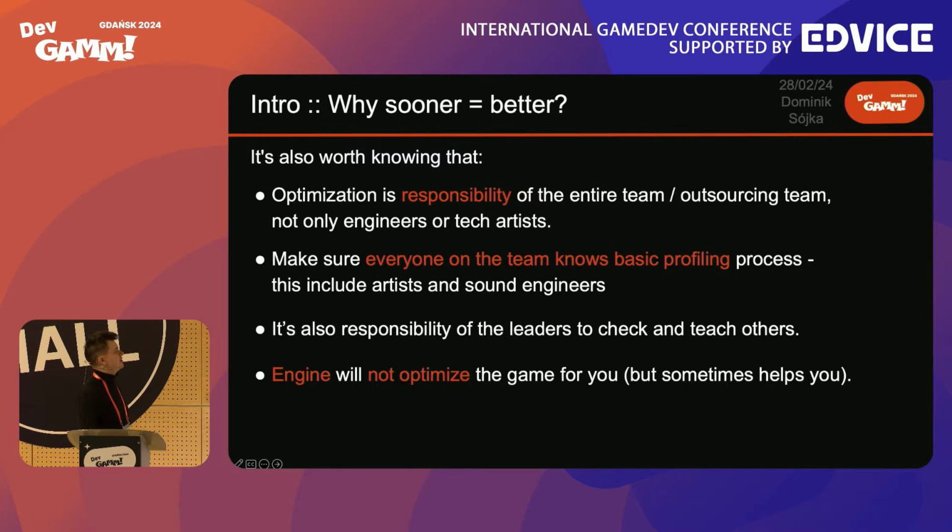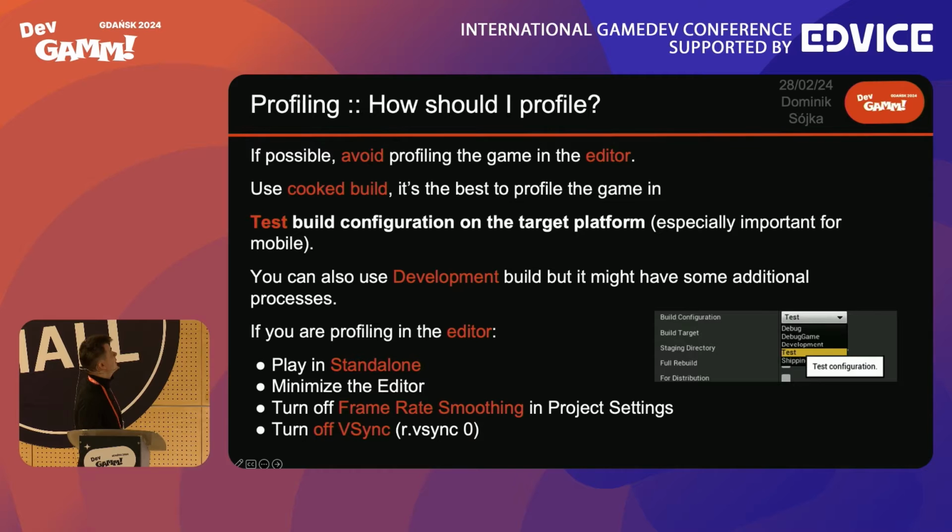They should know the basic profiling, so it's going to be much easier for the entire team. It's also the leaders' responsibility to teach others. And last, the engine will not optimize the game for you. There are a few tools that can help you, but in general, you have to help the engine yourself.